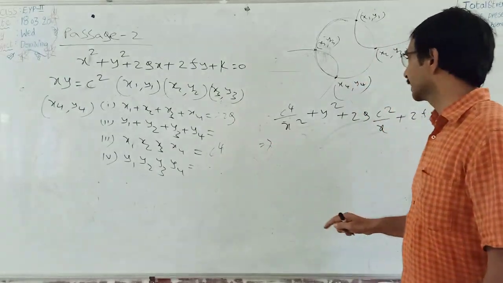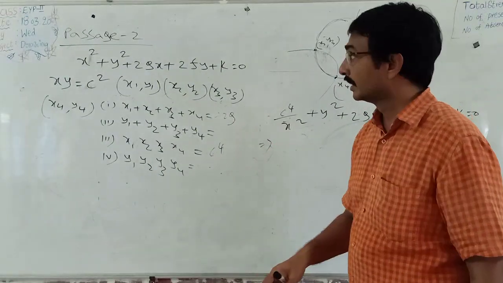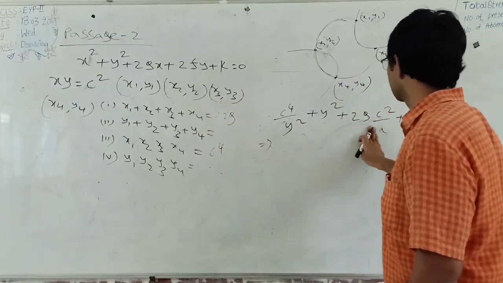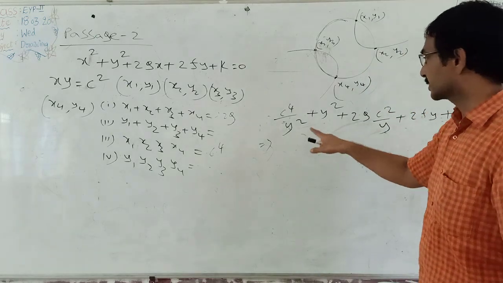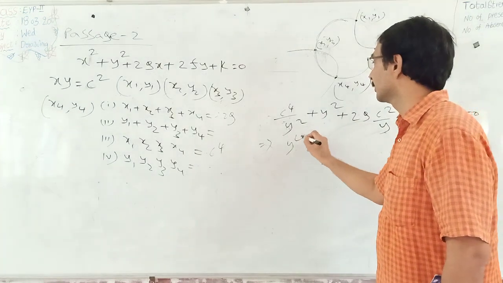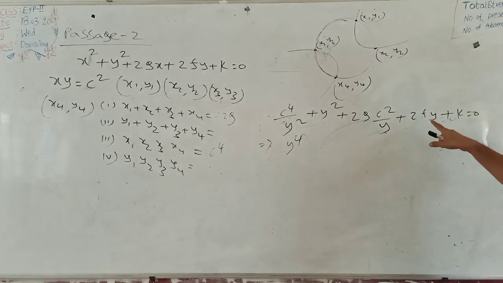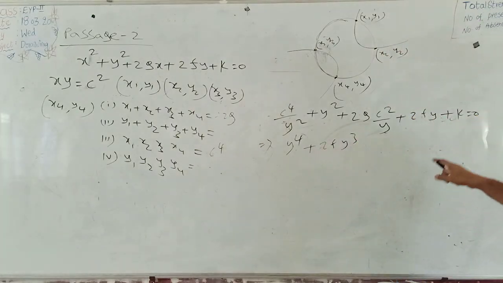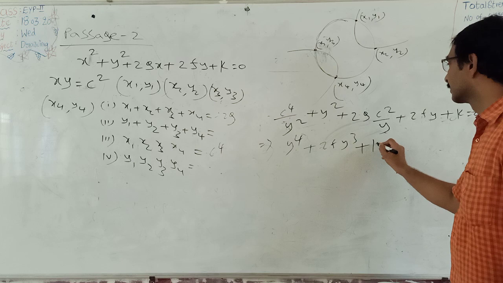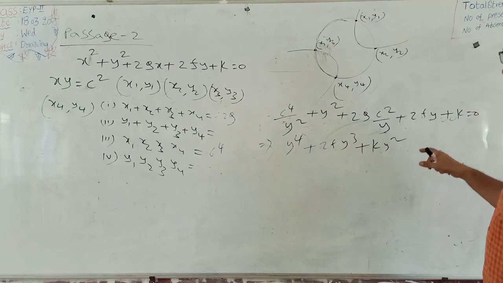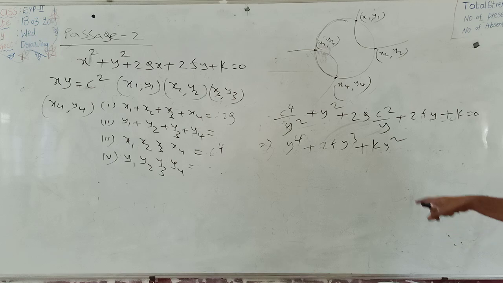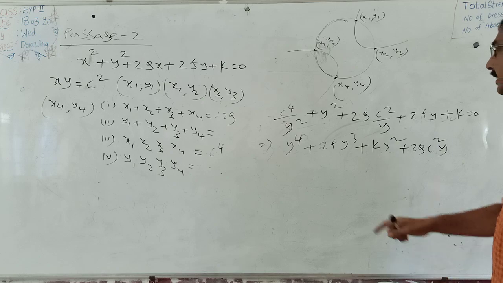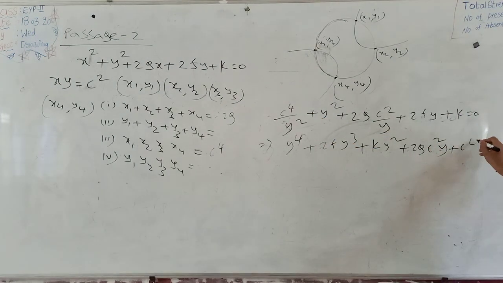So the highest fourth degree term is y squared into y squared, y power 4. The y cube term is 2f y cube, the y squared term is k y squared, the y term is 2g c squared y, and the constant term is c power 4, equal to 0.